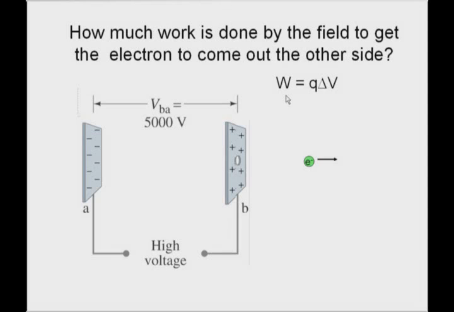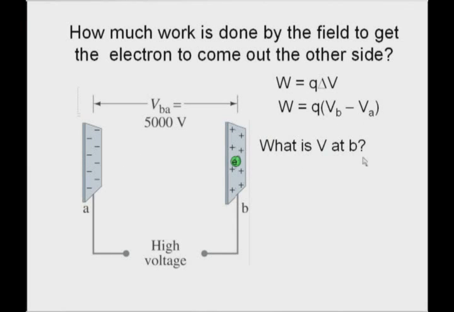So our formula here, work is Q times the change in potential. If we look at its final minus initial, the final plate is B, the initial plate is A. So what is the potential at plate B? If I hold this electron right on this plate and let go, nothing happens to it. That means it has no potential energy, and it means that there's no potential at that point.